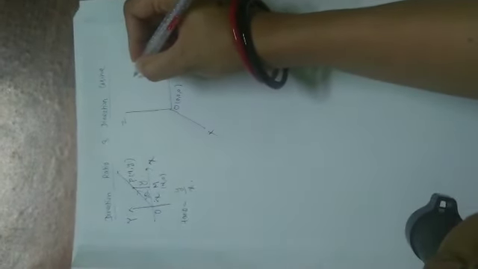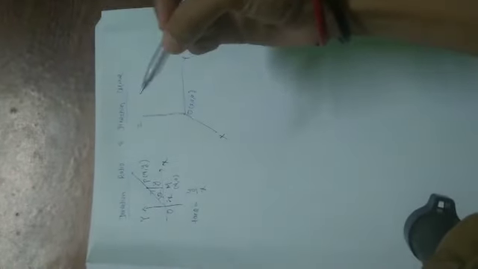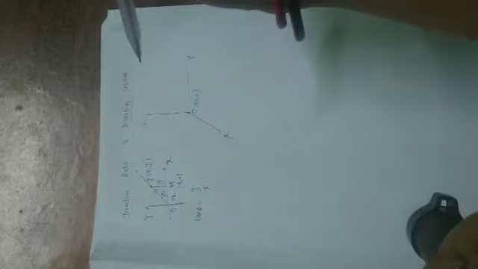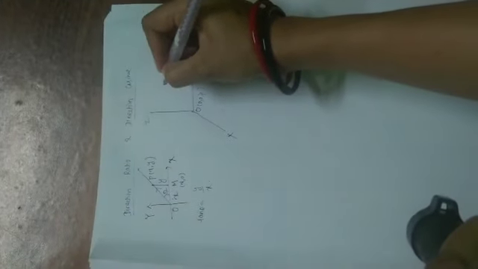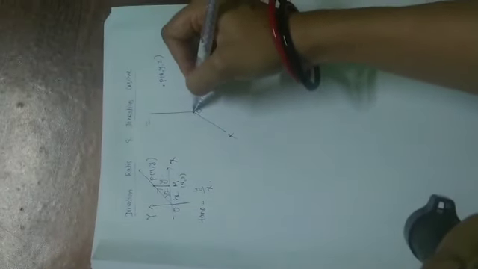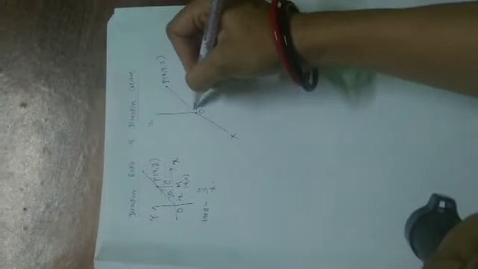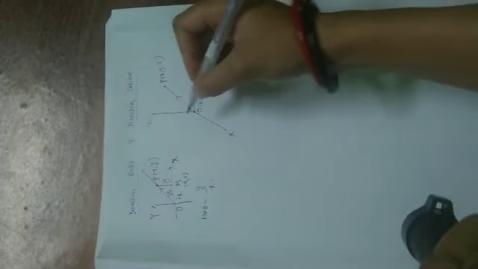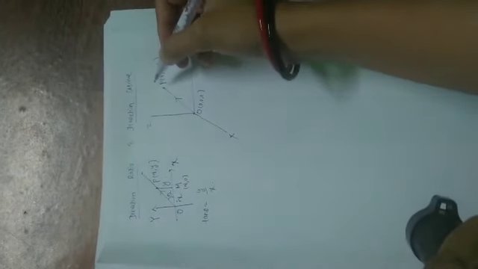And if P is a point in space, we can't draw it exactly here, so I will draw the point P here, x, y, z. Now the OP vector has direction from O towards P.